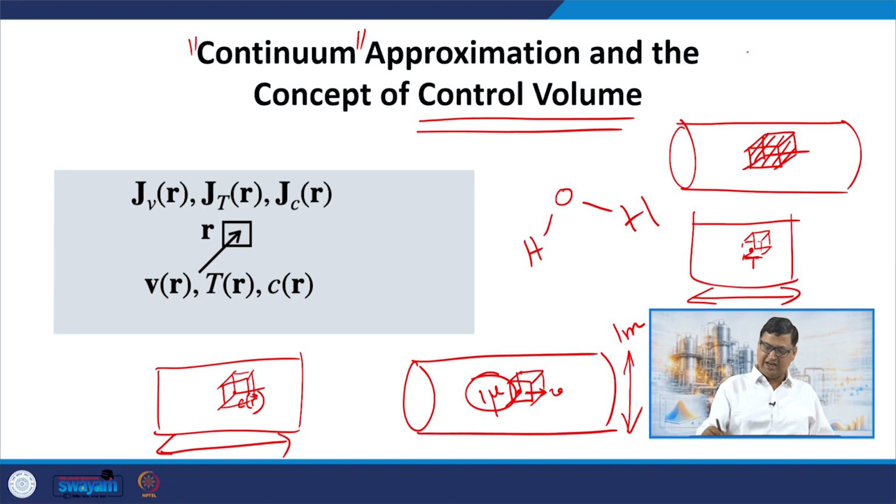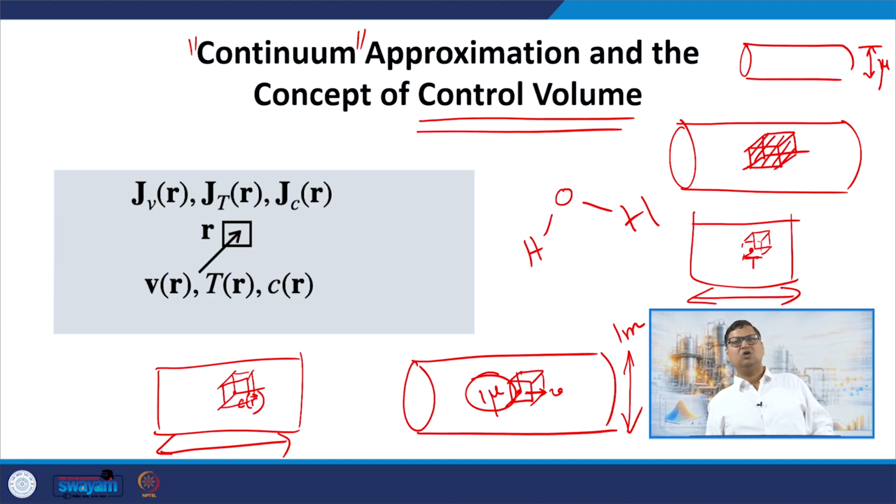So, for example, if I now take that my pipe is, let us say, 1 micron in diameter, now I can no longer do that, because now if I look at a point, I cannot draw such a big control volume around that point, and even if I do, there are going to be very large variations, or the number of molecules will not be sufficient to compute the average, right.